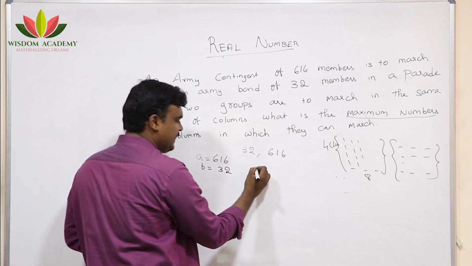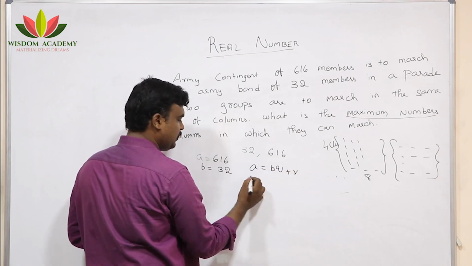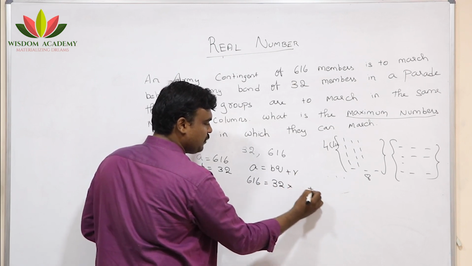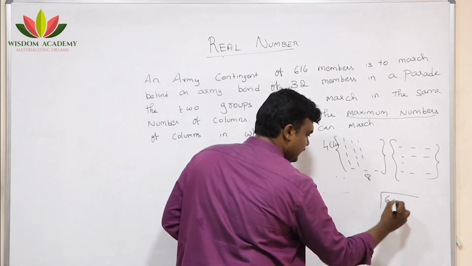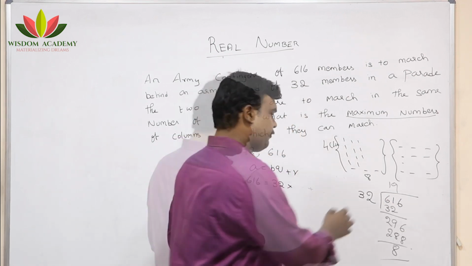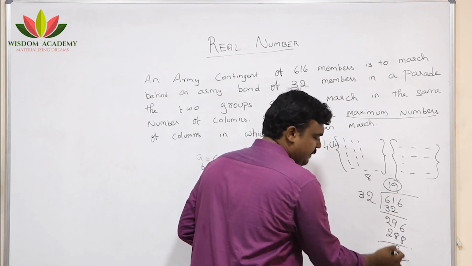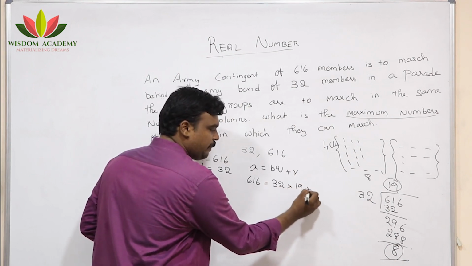So I can express it as A equals BQ plus R. So 616 can be written as 32 into what number plus what remainder. For that I have to divide 616 by 32. So my quotient will be 19 and my remainder will be 8. So I can express it as 616 equals 32 into 19 plus 8.